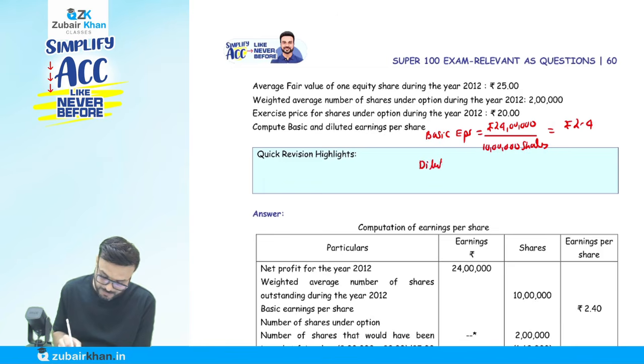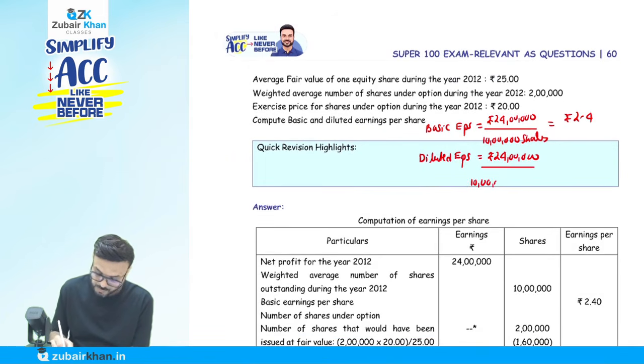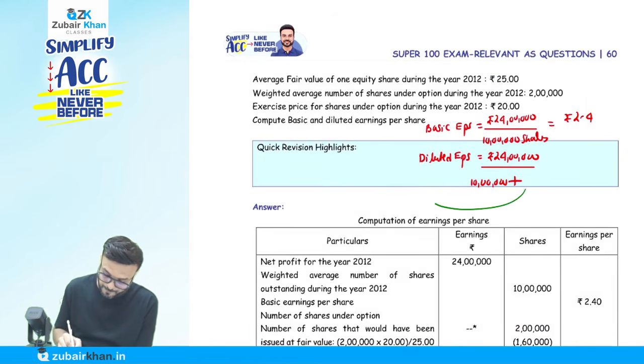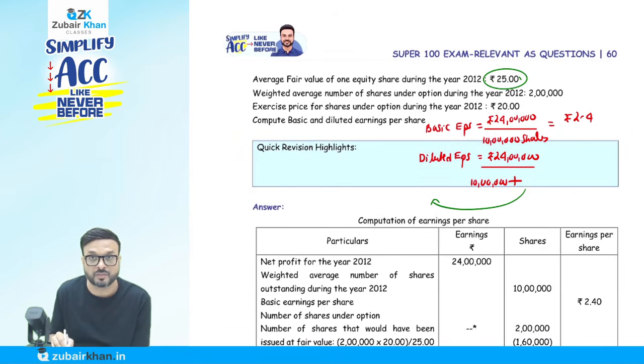Not diluted EPS. Okay. How much is the profit? 24 lakh, no change. But here, how many shares do we have? 10 lakhs. Plus, now this calculation is important. Now they say the average fair value of the equity share during the year is 25.